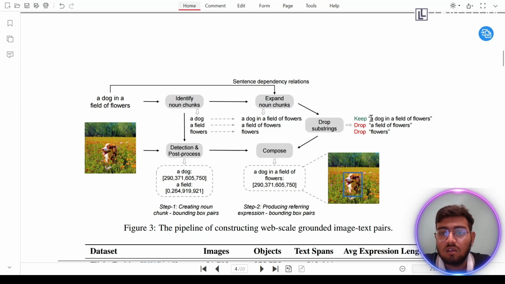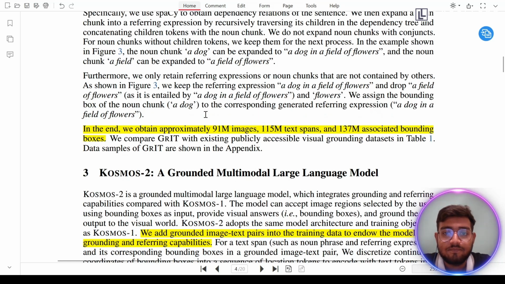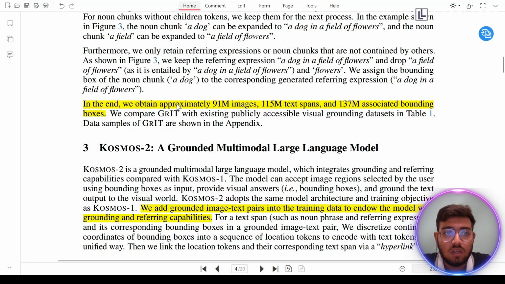So it understands this is the main point of this whole photo. In the end, we obtain approximately 91 million images, 115 million text spans, and 137 million associated bounding boxes.